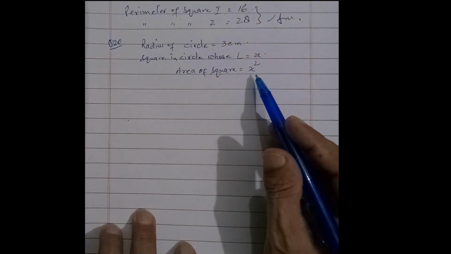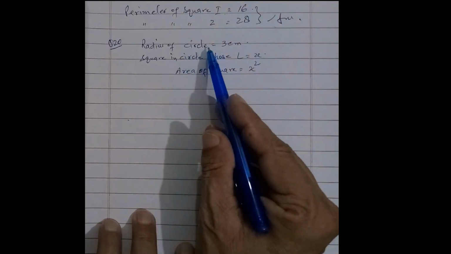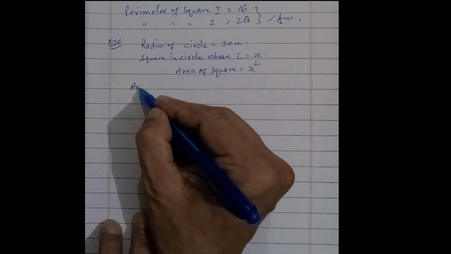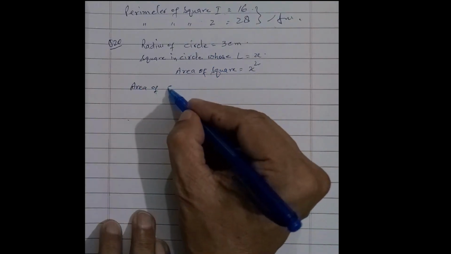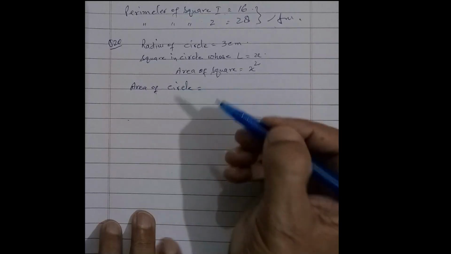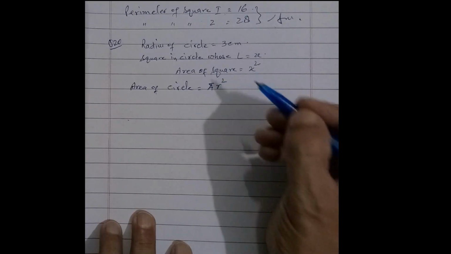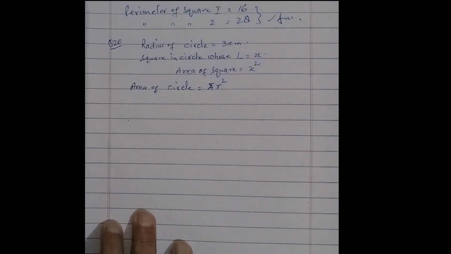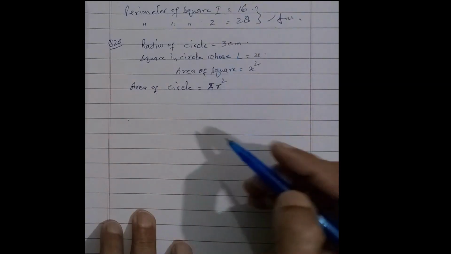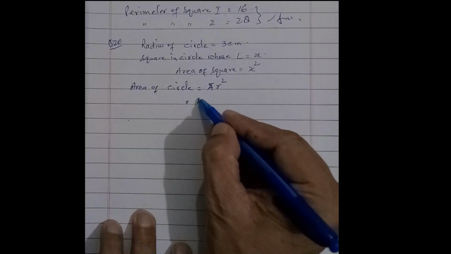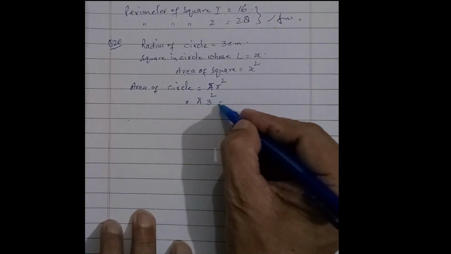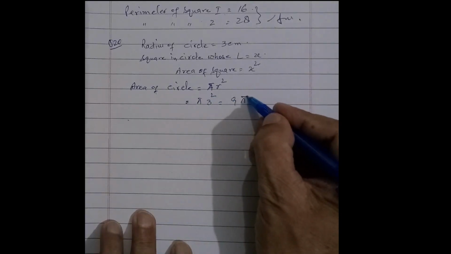Now we find the area of the circle. Area of circle, we know that it is pi r square, where r is 3, it is pi into 3 square, which is equal to 9 pi.